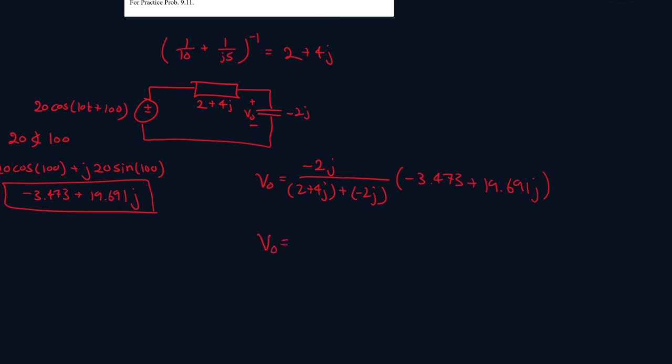So let's put all of these values into my calculator. Let me see what I get. Just give me a quick second. Okay, for the real part, I get 11.582, and for the imaginary part, I get minus 8.109J.